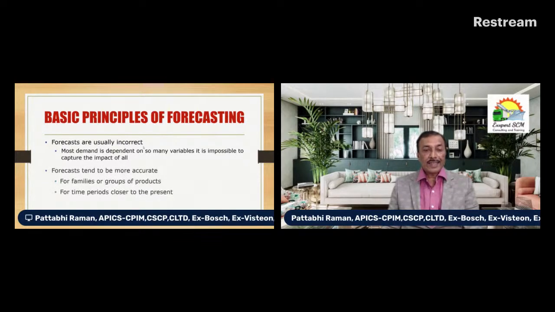Okay, the second principle is forecasts always tend to be more accurate for families or a group of products rather than individual items. So normally it is not advisable to forecast at SKU level. The third principle is, the nearer your forecast is to the time period, the better the accuracy.